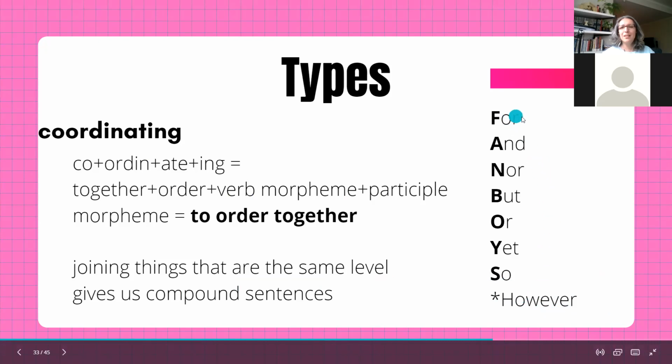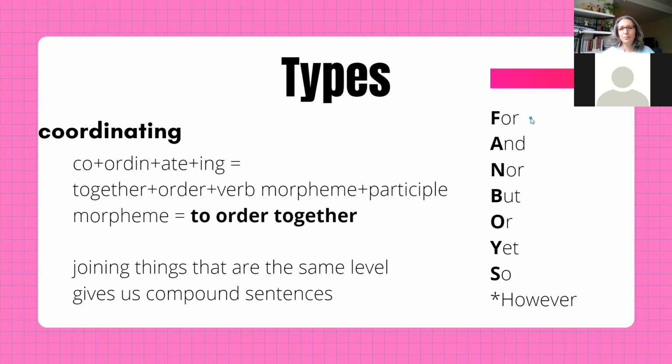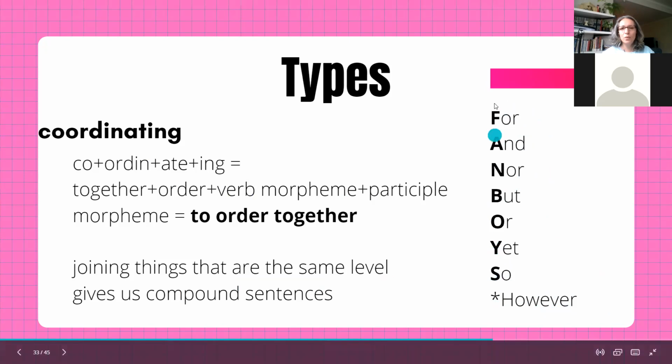And for is a very old-fashioned way. And it kind of has been replaced by the word because, in which case it's no longer coordinating, it would be subordinating. But nonetheless, it's a good acronym to remember, FANBOYS, because they are coordinating and they form, if we find them in a sentence, they give us compound sentences.